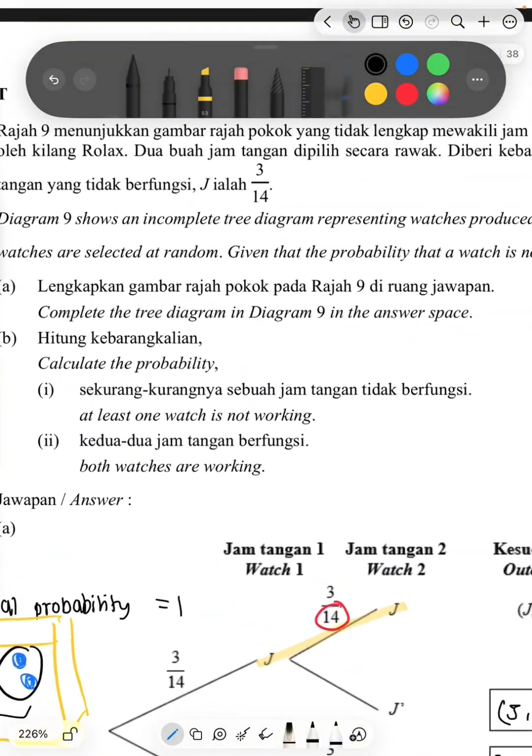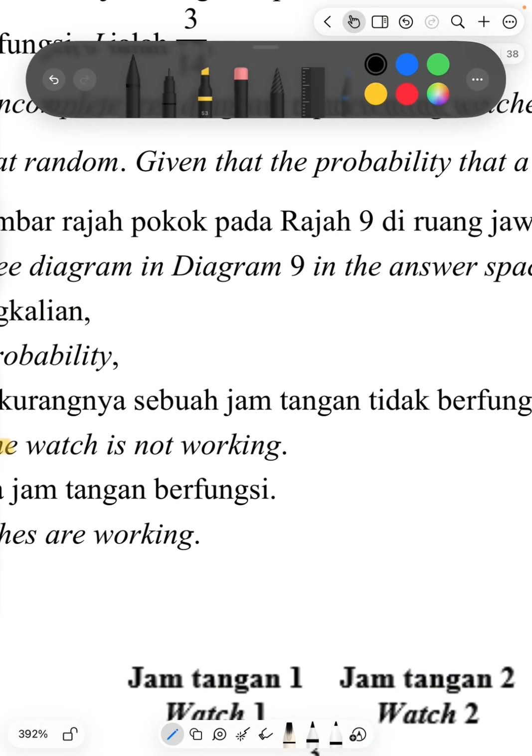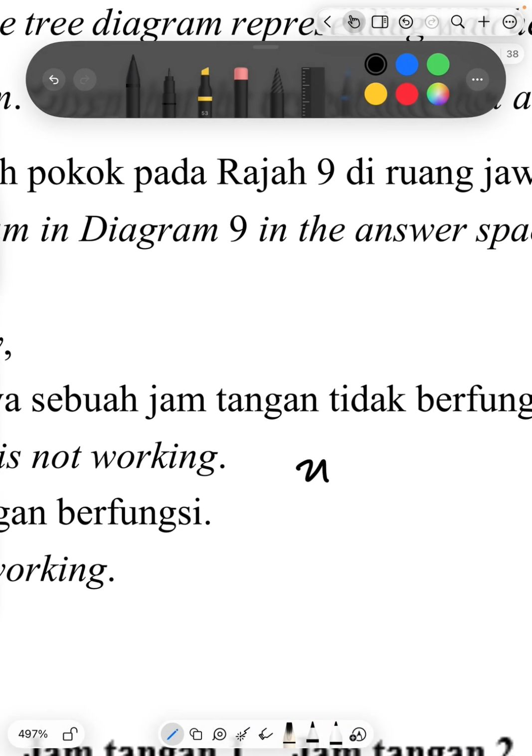Now, calculate the probability at least one watch is not working. So at least one. At least one is at least, right? Meaning that it can be more or equal to, sekurang-kurangnya. But that's not what I'm trying to say.